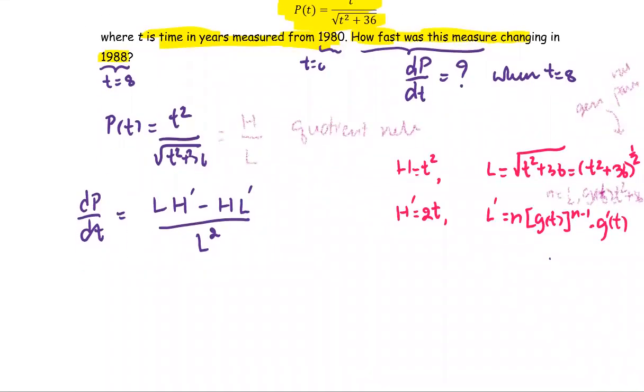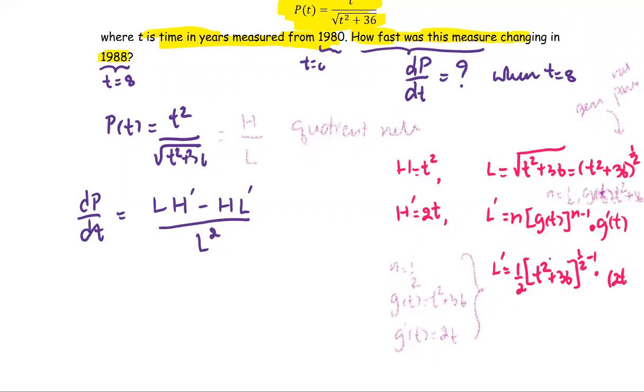So I put a note here: my n is 1/2, my g of t is t squared plus 36, so my g prime, the derivative of g, is 2t. I bring it back into the derivative of the low function: n is 1/2, the expression t squared plus 36 to the power 1/2 minus 1, and then multiplied by g prime, which is 2t.